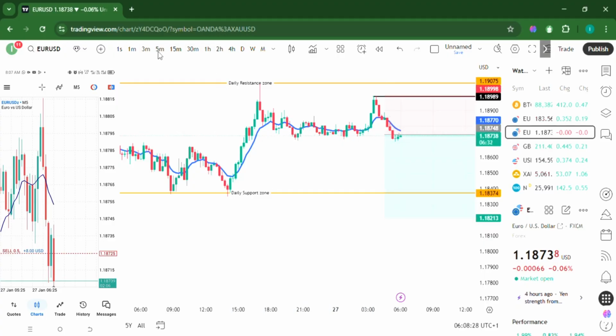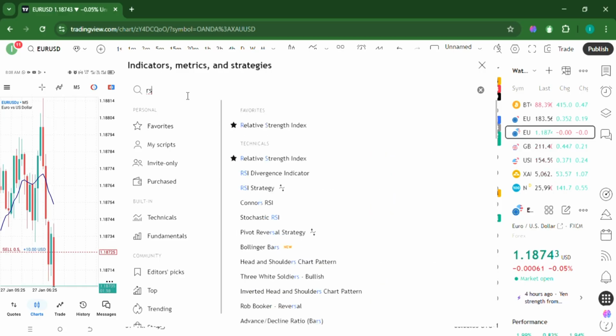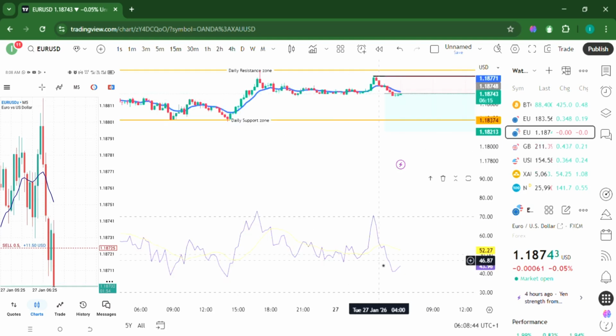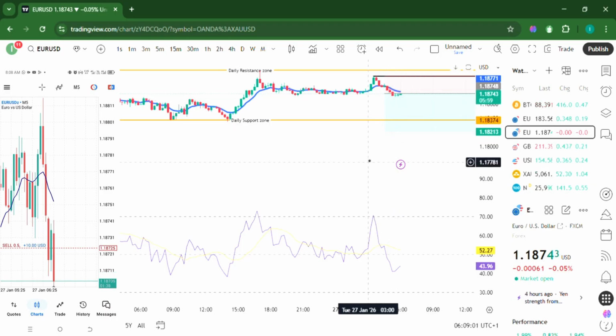So let's look at the RSI, Relative Strength Index. You can see that RSI already hit 70 and is also pushing down. That's also what gave me a confirmation before I took this trade. I actually entered this trade early.